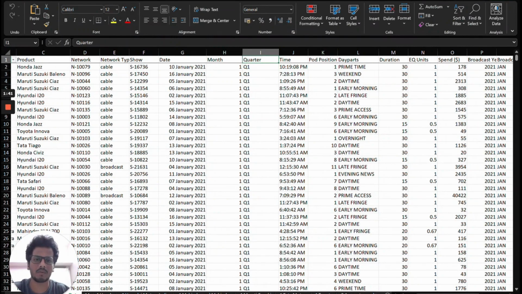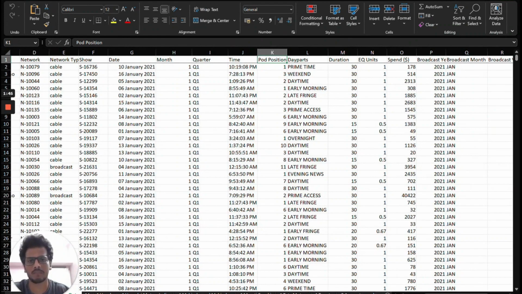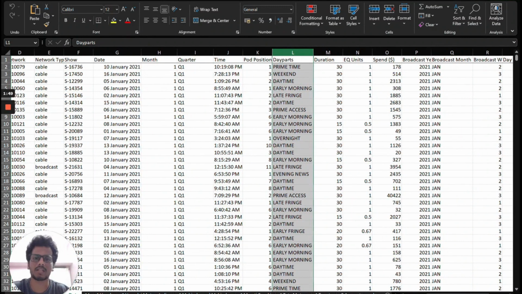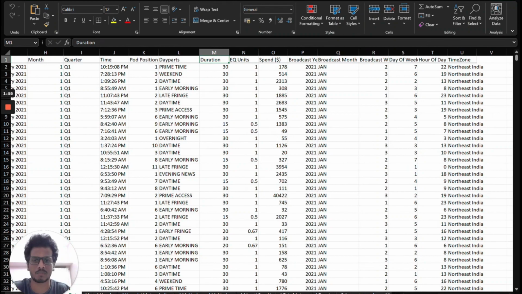Then time is given, and the pod position, which we are going to learn about in the presentation itself. Day part is which part of the day the ad was posted, duration is the duration of the ad, and spend is how many dollars have been spent on that ad.